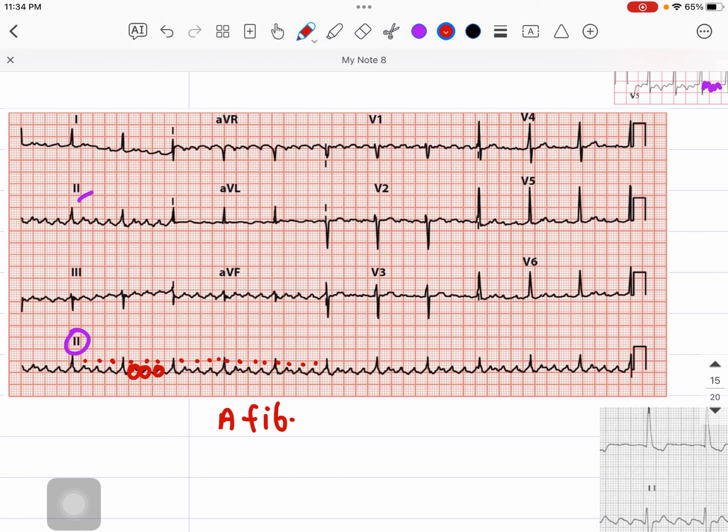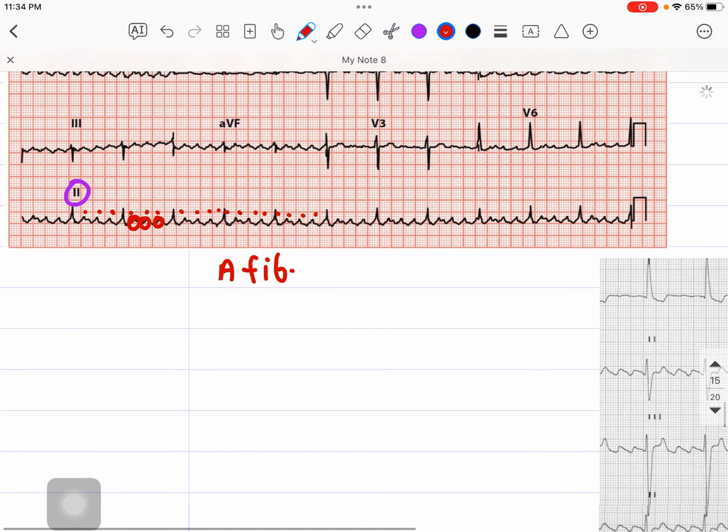In these cases what you need to do is count the 30 large boxes. This is called the 30-second rule. What do I mean by the 30-second rule? No confusion, guys.